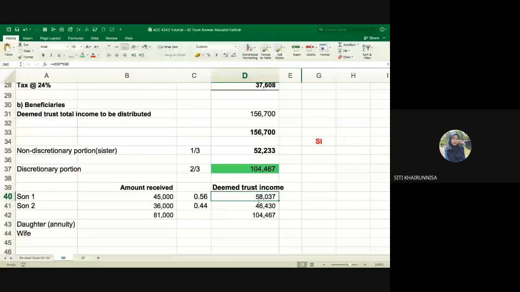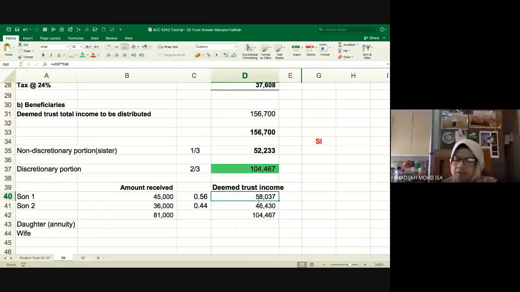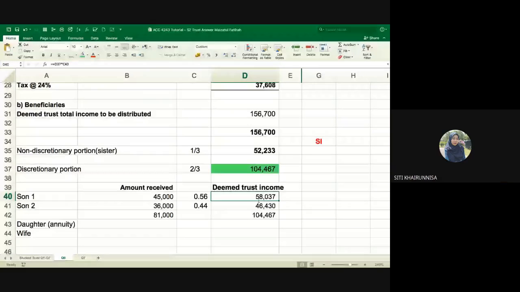If you multiply with 5/9, you get 58,037. The 45,000 over 81,000 is 5/9. 45 over 81 equals 5/9. And then times 104,467, so you will get 58,037. Same. Maybe cannot use the portion with decimals.